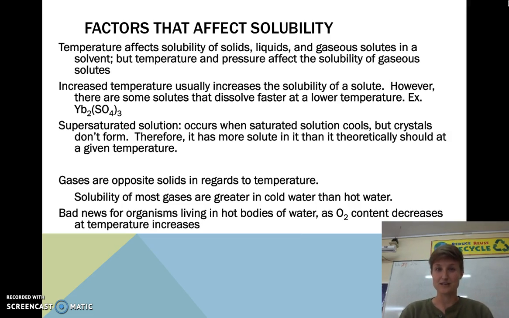They can capture that oxygen. However, when the temperature of the water increases, it causes the gases to be released. So there are not as many gas particles in our water. And so that's bad news for those organisms as oxygen is released as temperatures increase.